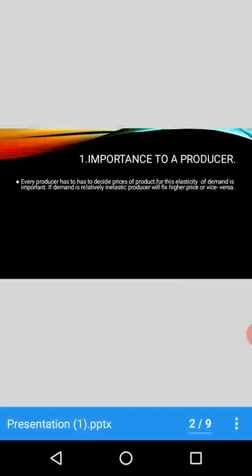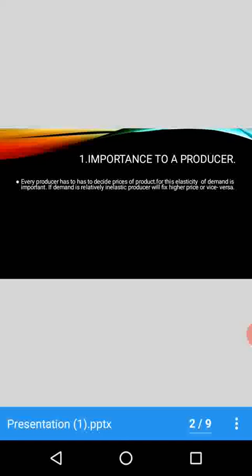If Mr. M produces any goods, but demand is relatively inelastic, it means if there is a 50% fall in the price of the product, demand rises by only 25%.